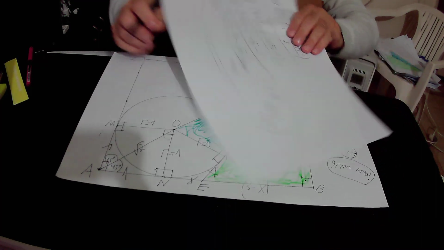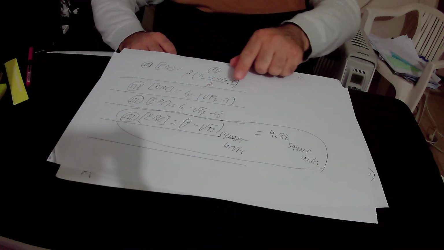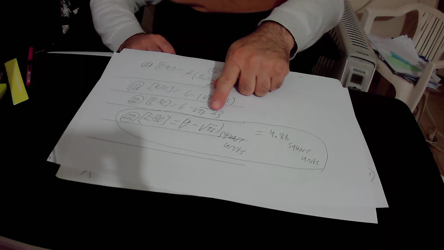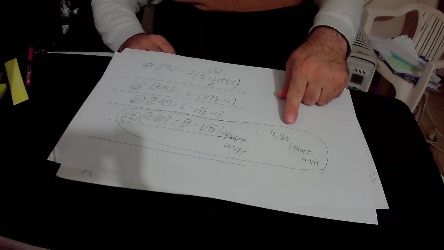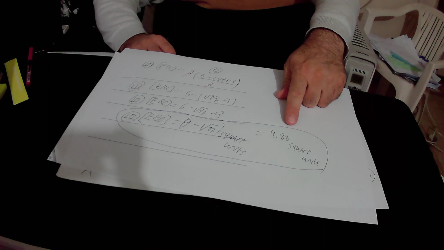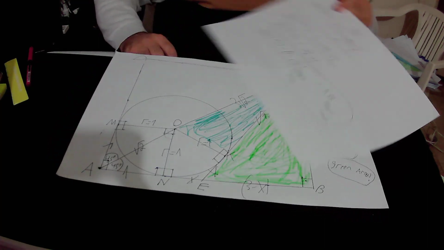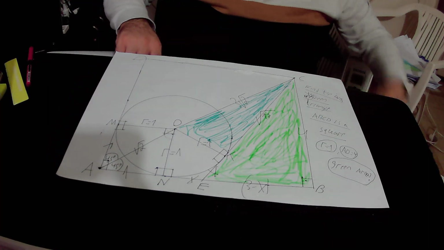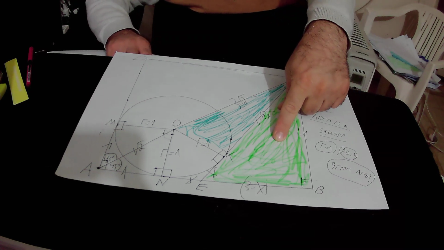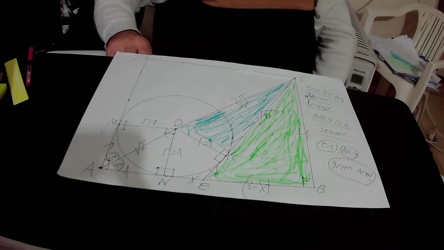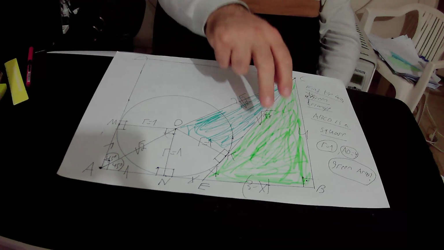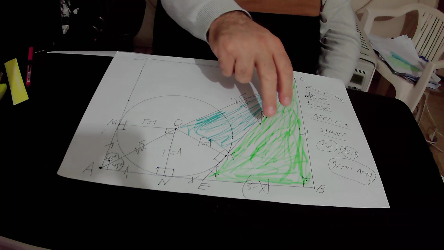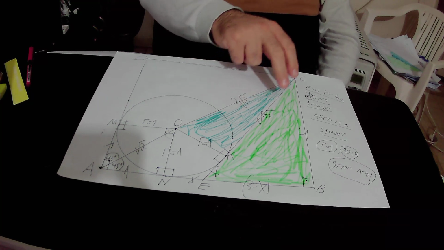I'll repeat again: the area of this green right triangle, triangle EBC, equals either 9 minus square root of 17 square units, or in terms of numbers, 4.88 square units.